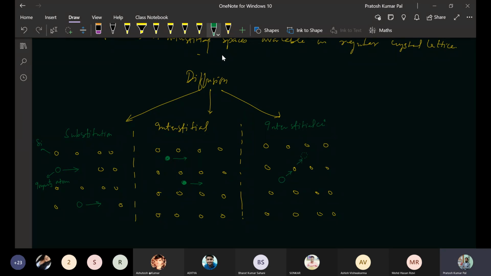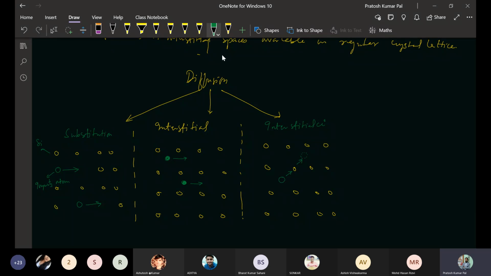So in interstitial, the dopants are available in the interstitial space only. It is not going to replace any silicon atom available in the crystal. It is occupying only the interstitial space.